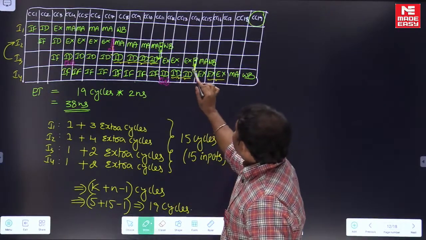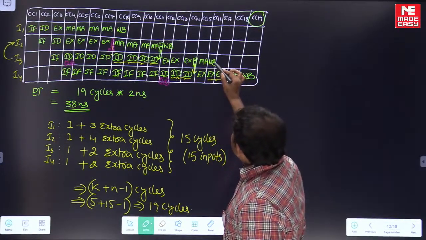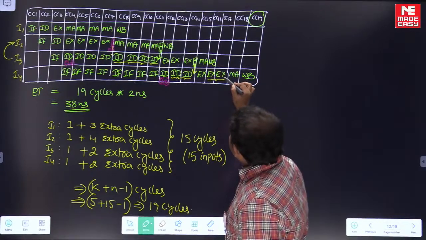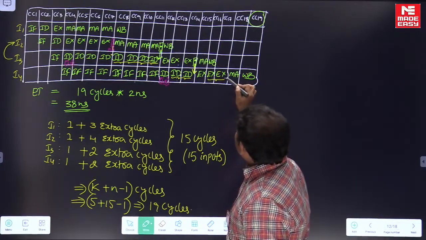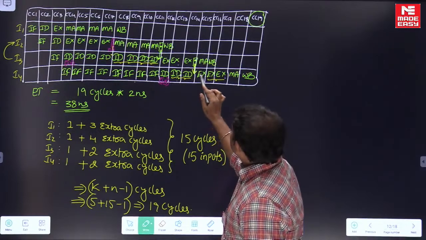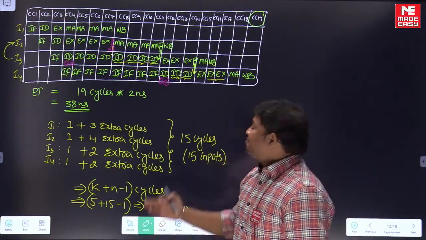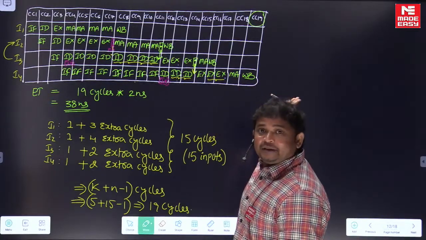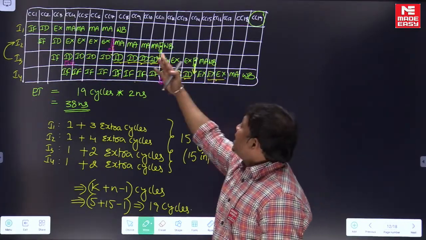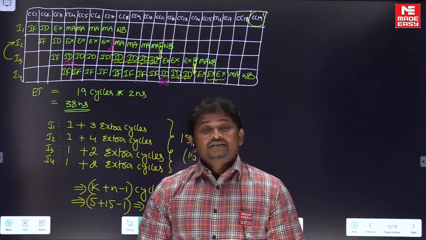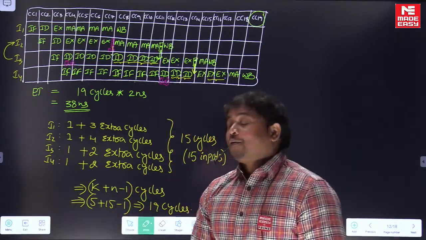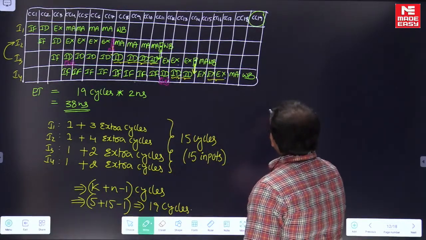Then for I3, after WB, it is reading the data. Here it is reading. How many extra cycles? 1, 2, 3, 4, 5. 5 extra cycles. Okay. After that EX, 3 cycles means it is taking 2 extra cycles and the first one taking 3 extra cycles. So without operand forwarding, we can calculate like this.